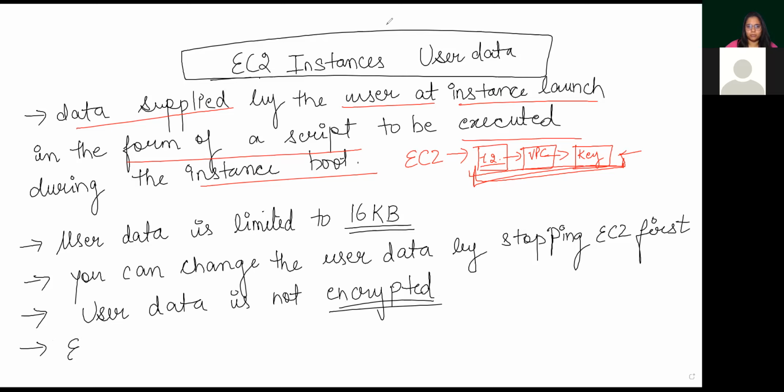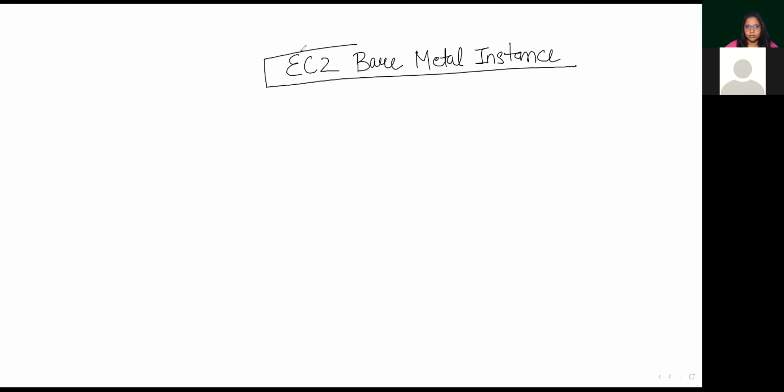Now, this is all about a simple instance user data. Then we have the EC2 bare metal instance. So what is a bare metal instance? The laptop that you are using currently, we will consider it as bare metal.